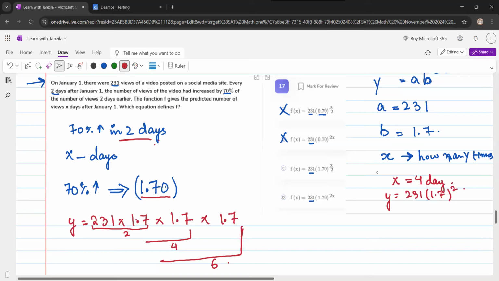So what will be your equation? You do 2x? No, if you plug in x as 4, it's going to be 8. But here we are doing every 2 days, so you divide by 2. 4 over 2 is 2. So C is your answer.